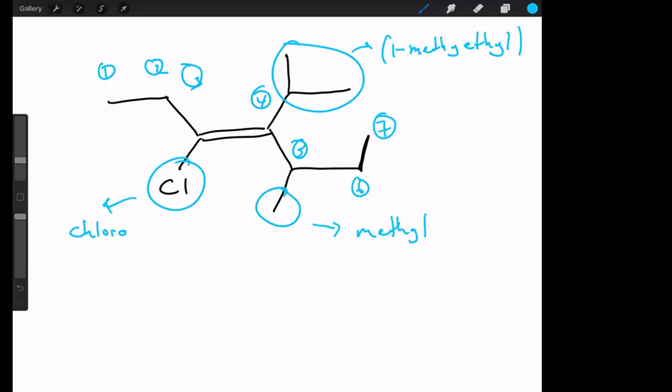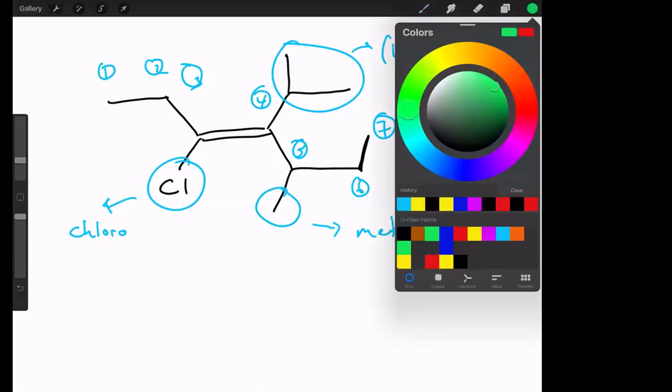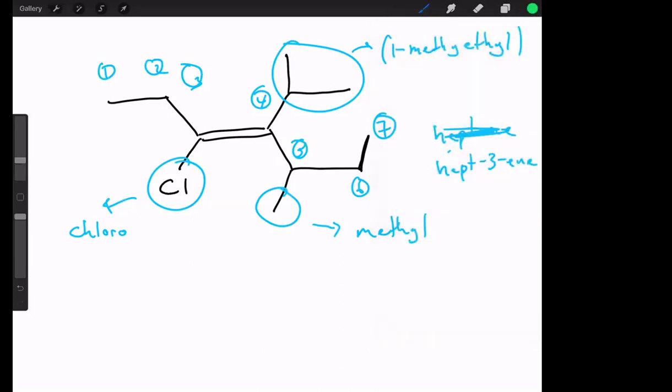Almost done. It's a heptene. Oops. And we know that it's a hept-3-ene specifically. And now we need to figure out if it's E or Z. So now we have to assign priorities.